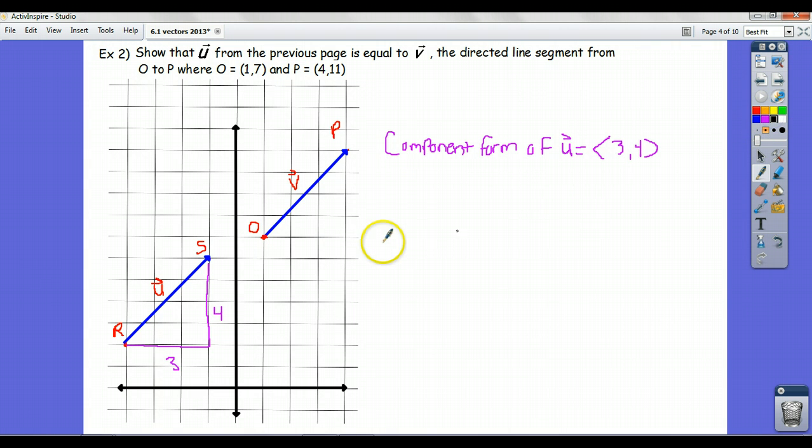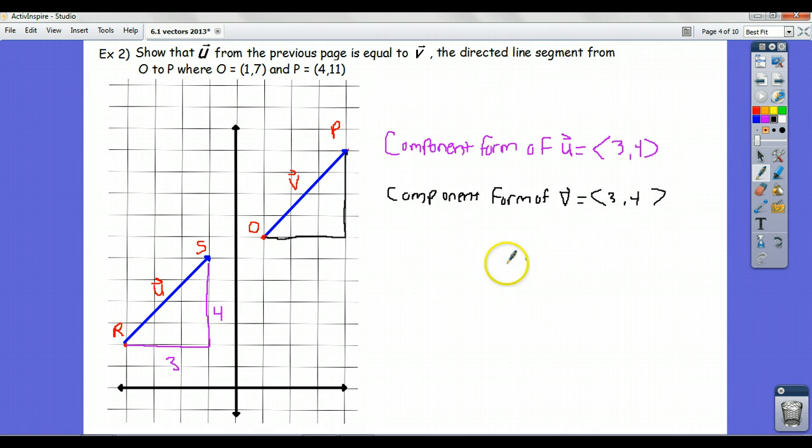Similarly, the component form of v is also (3, 4) because it moves you 3 to the right and up 4 if you travel along the vector. And so if they have the same component form, everything falls into place.